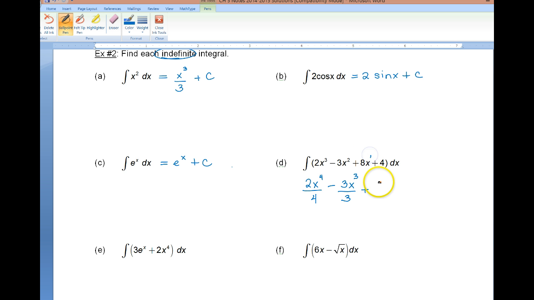Next one, this is a 1, so it becomes 8x squared over 2. And what do you think happens with the 4? 4x. Think of this as 4x to the 0 power. You would add 1 and divide by it, so it just becomes 4x. And then don't forget the plus c, and we get 1/2 x to the 4th minus x cubed plus 4x squared plus 4x plus c.